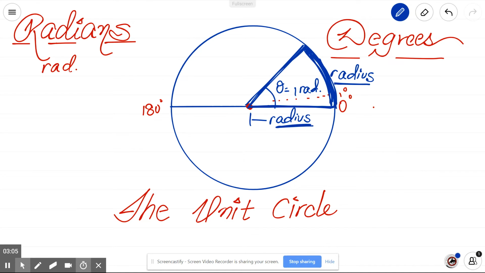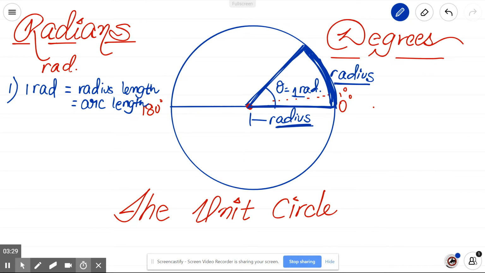So whenever that happens, the angle subtended is always equal to 1 radian. All right, so that was our first point, that 1 radian will be whenever you have the radius length subtended.